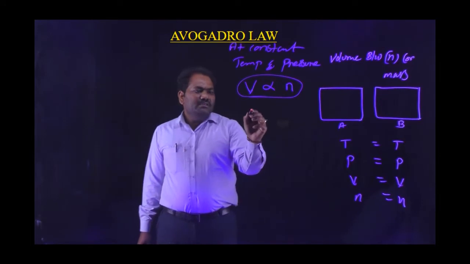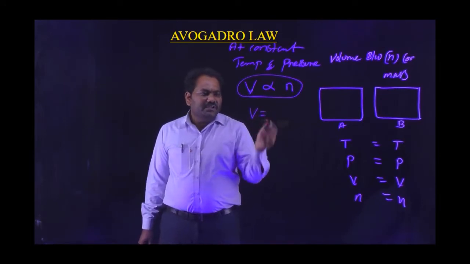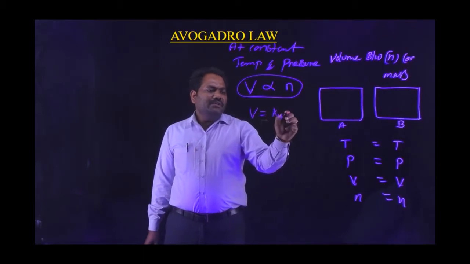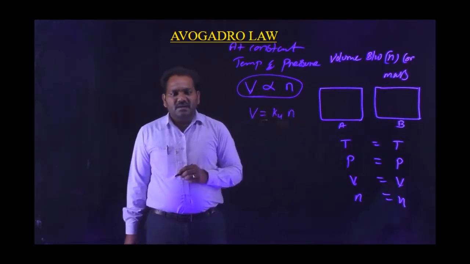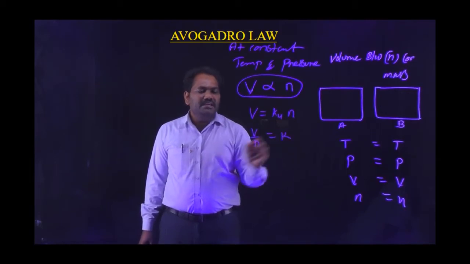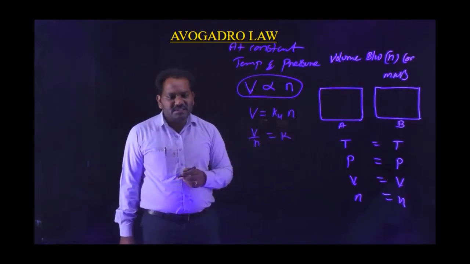It can be written as V equals K4 into N, if we introduce the proportionality constant K4, or we can write V by N equals K. K4 or K is called the proportionality constant.